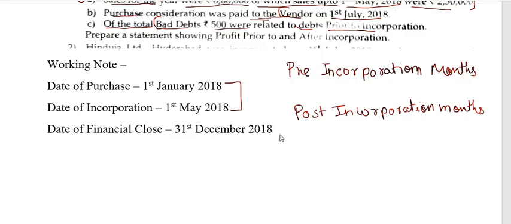So Jan, Feb, March and April. Total how many months? 1, 2, 3, 4. So these 4 months are of pre-incorporation. That means prior to incorporation.